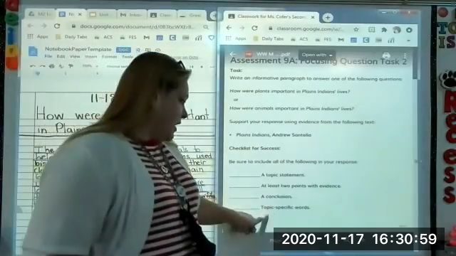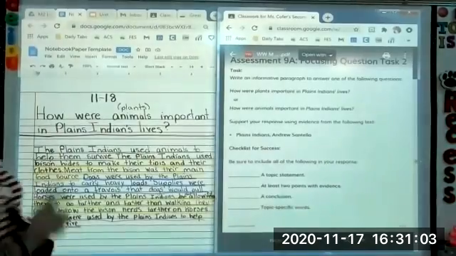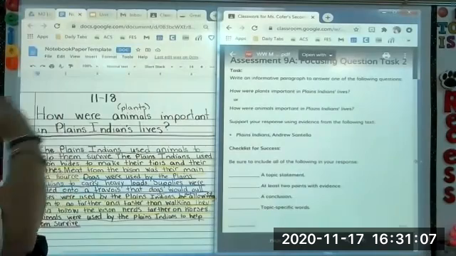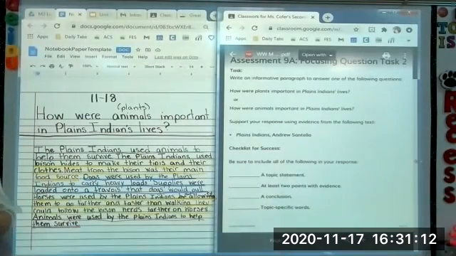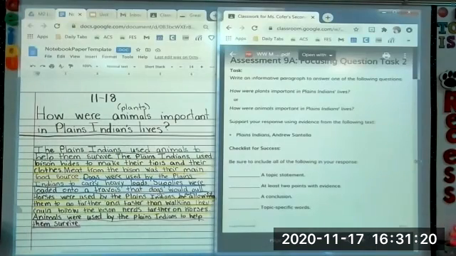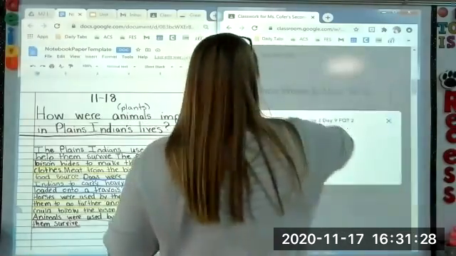And you need to use topic-specific words. Words like bison, Plains Indians, dogs, horses, clothes, teepees. Those are all topic-specific words that we have in our chart, okay? Plants, things like that, okay? Those are things that you can use as topic-specific words. Let's go back and look.